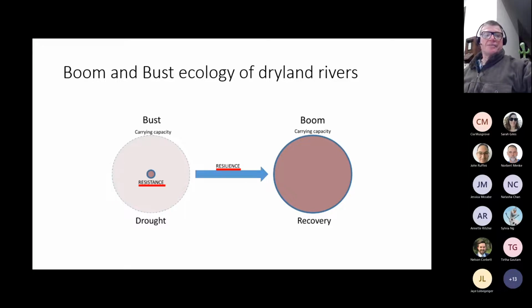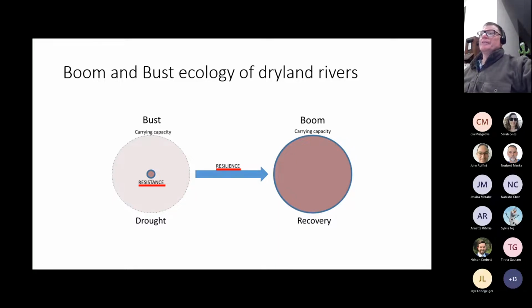This is the resistance phase. This is where organisms that have no capacity to live out of water have to resist the drought by living in places where water is still present. Once the drought ends, we go into a resilience phase, which is where the populations of organisms bounce back, if you like, from the disturbance of drought. They recolonize, they breed, their population size increases, and this is the boom.